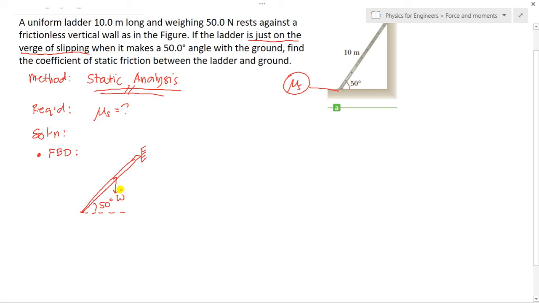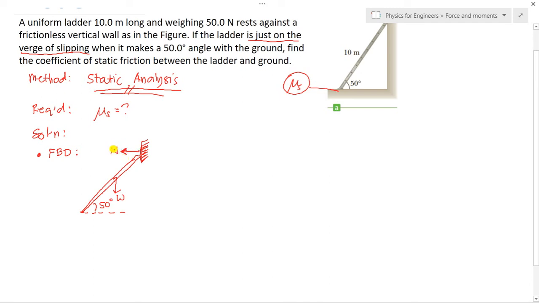And then what else? Unsa pa may force nga nag-interact sa atong ladder, di ba? Since it rests on the wall. So therefore, ang wall kay mi-unsa man? Okay, normal force. So ang normal force is towards this, di ba?